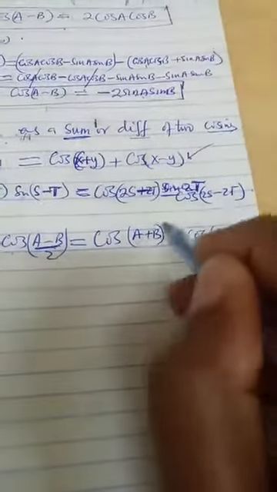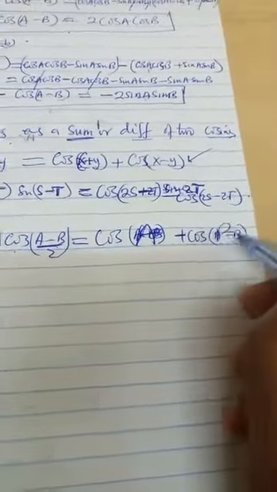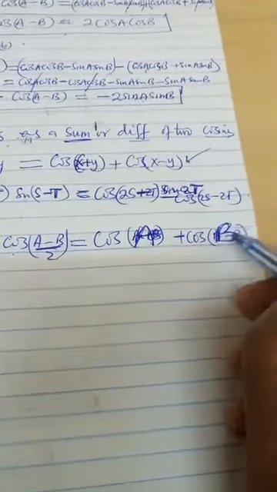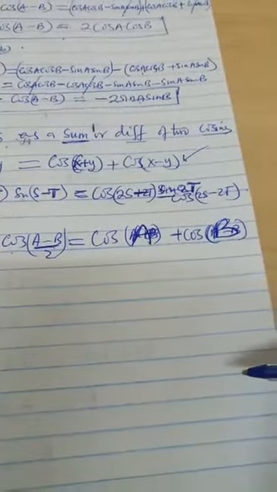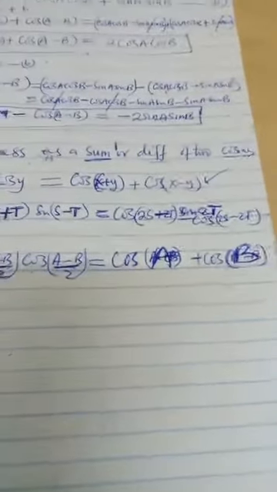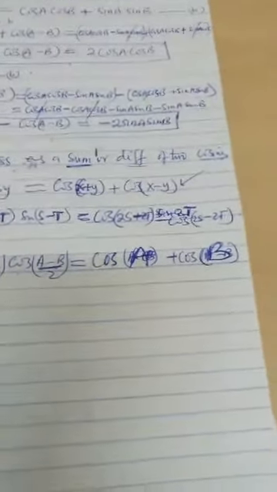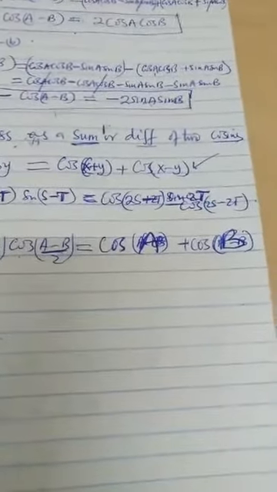It will be A plus B, the cos of A plus the cos of B. Just like that. As we shall shortly see, if we have half, then it is separated into double angles of each.